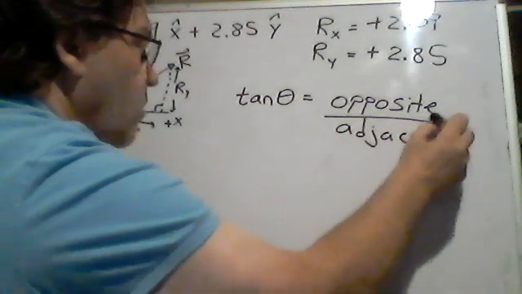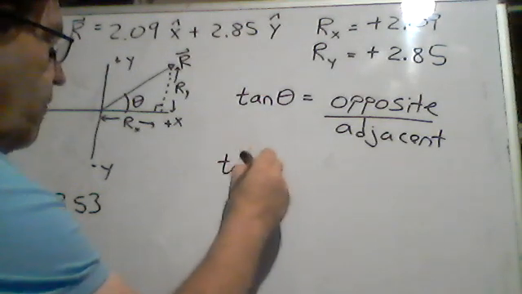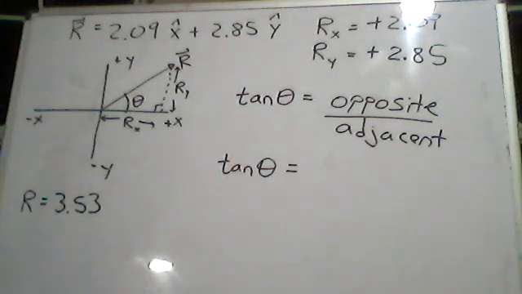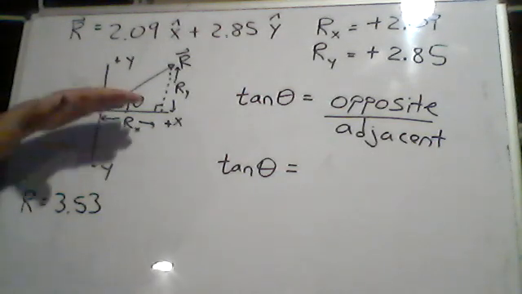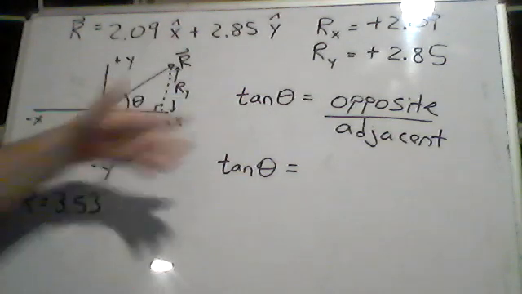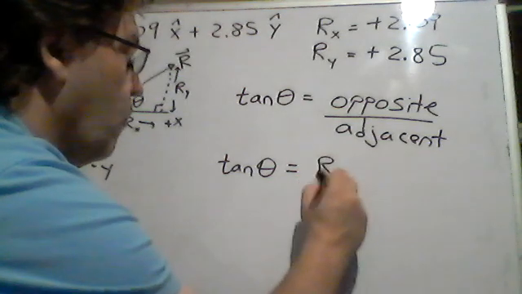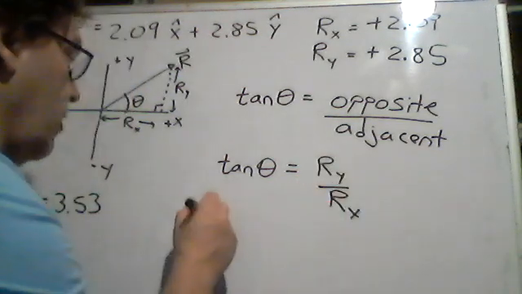Going back to our trigonometry review, for those of you who haven't had it for a while: tangent of theta is not always y over x, but in this case it is. So I have r sub y, that's the opposite. The adjacent is r sub x. So I have tangent of theta equals r sub y over r sub x.